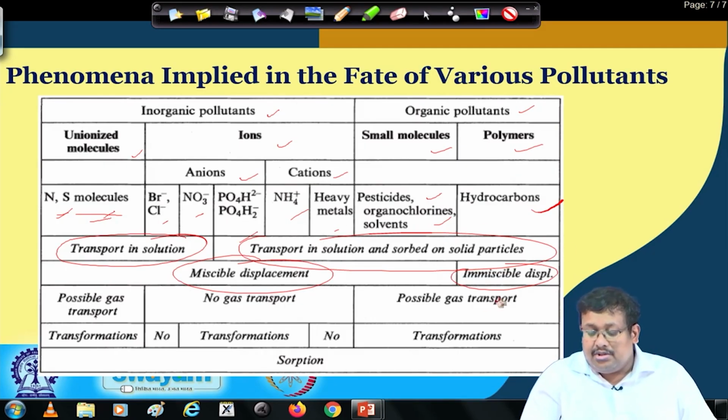However, hydrocarbons are categorized as immiscible displacement. In the next tier we will see which of those show possible gas transport and no gas transport. You can see here that nitrogen and sulfur molecules can show possible gas transport.